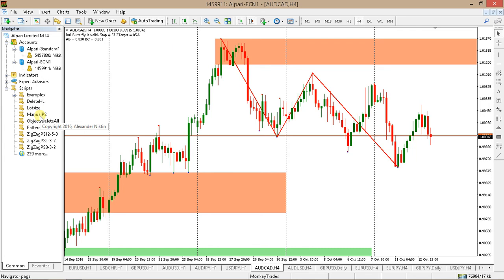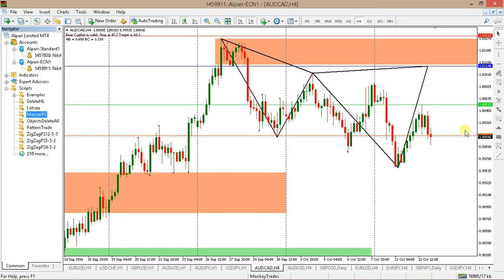If I run my pattern search tool, it will find some patterns. You see, if price goes higher, we will have a cipher pattern completed, for example, like that. In this case, it is very good to sell on the resistance zones from the daily time frame. So two opportunities for you: either a butterfly pattern if price goes to the downside, or a cipher pattern if price goes to the upside.